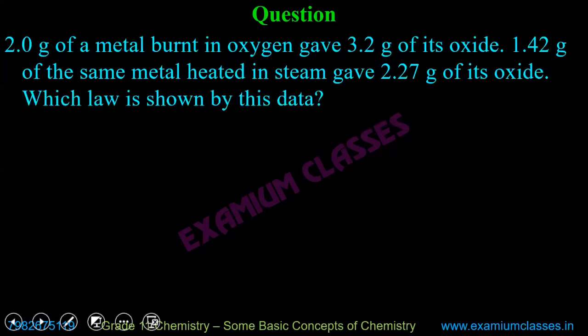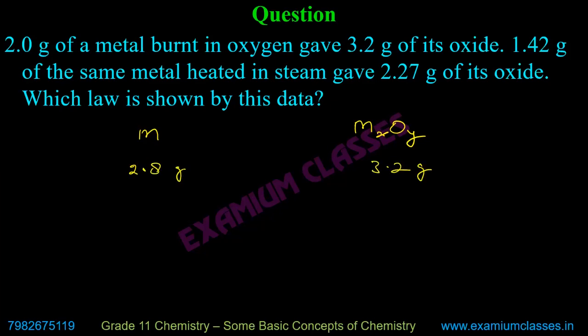Next question. 2 grams of a metal burnt in oxygen gave 3.2 grams of its oxide. You have a metal and you have a metal oxide. If you have 2.0 grams of metal, you get 3.2 grams of metal oxide.